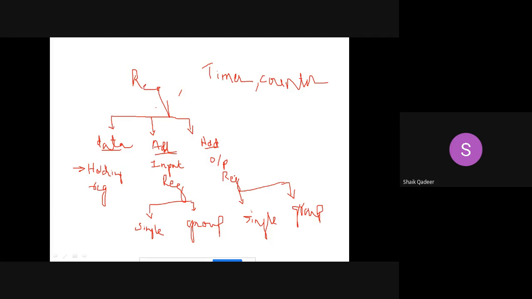Next point. The single input or output register holds the address of an individual input or output device.